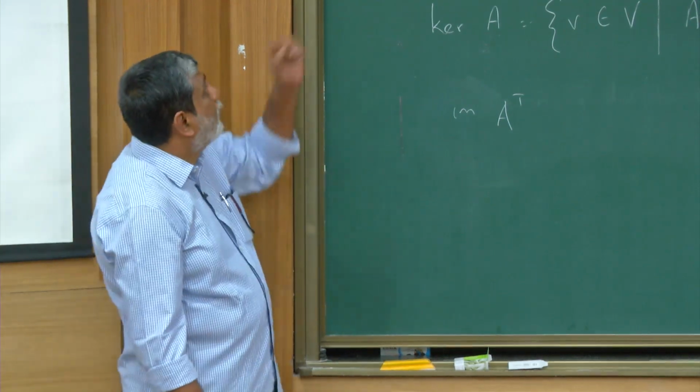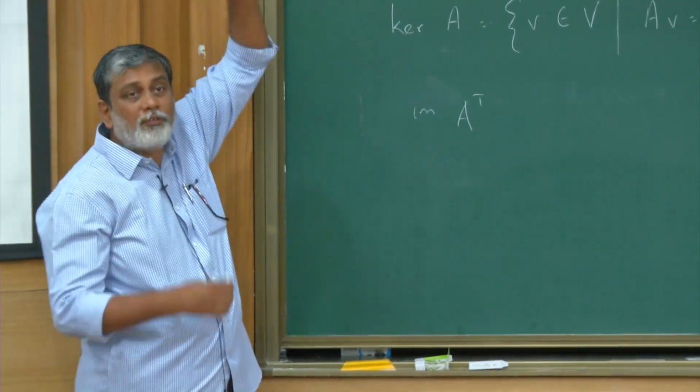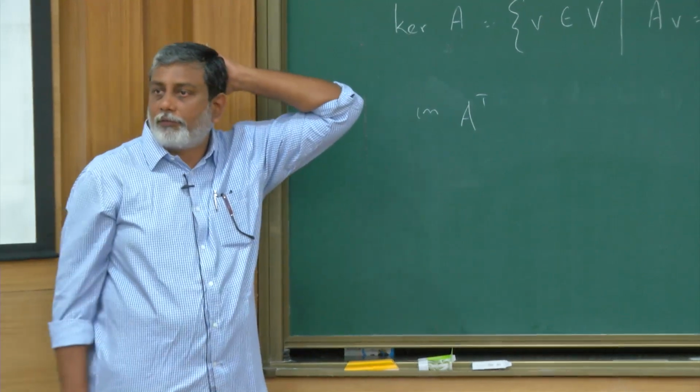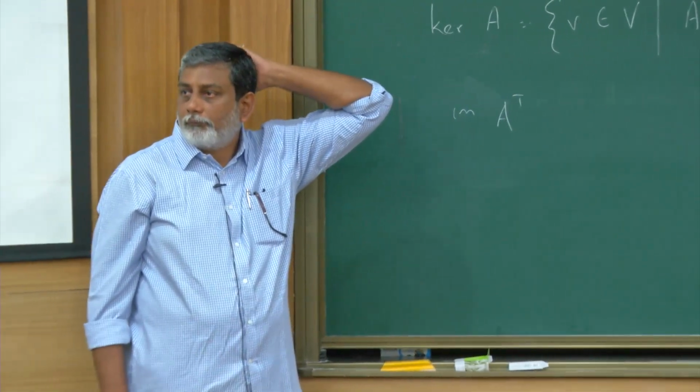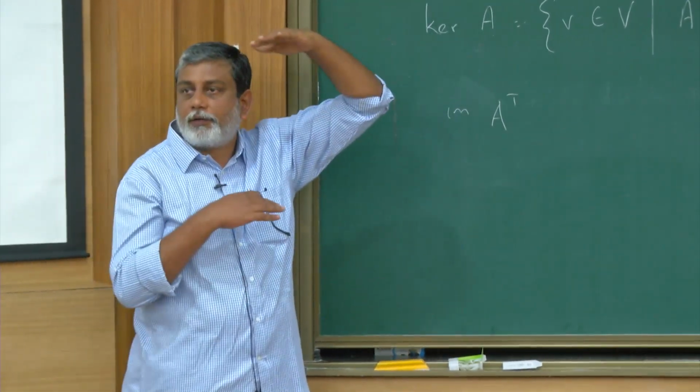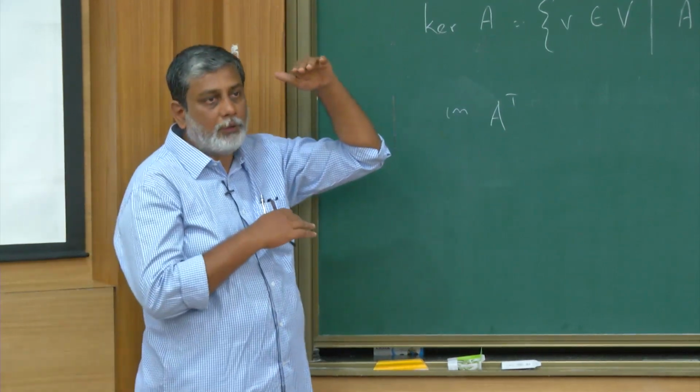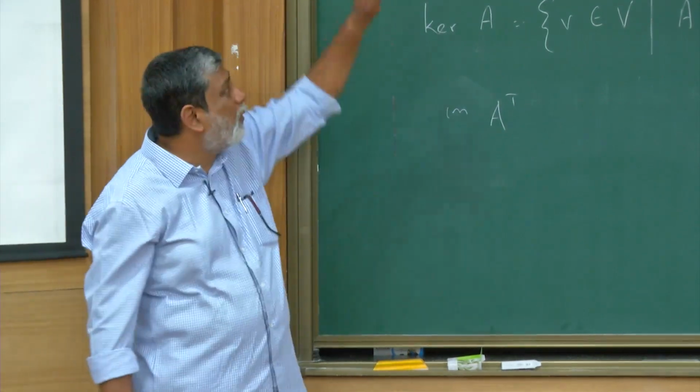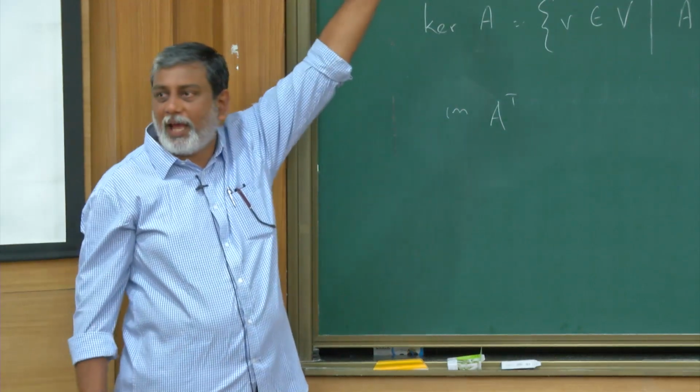A is a 2 cross 3 matrix. If I transpose it, it looks like a 3 cross 2 matrix. But I won't transpose it. I will keep A as it is.